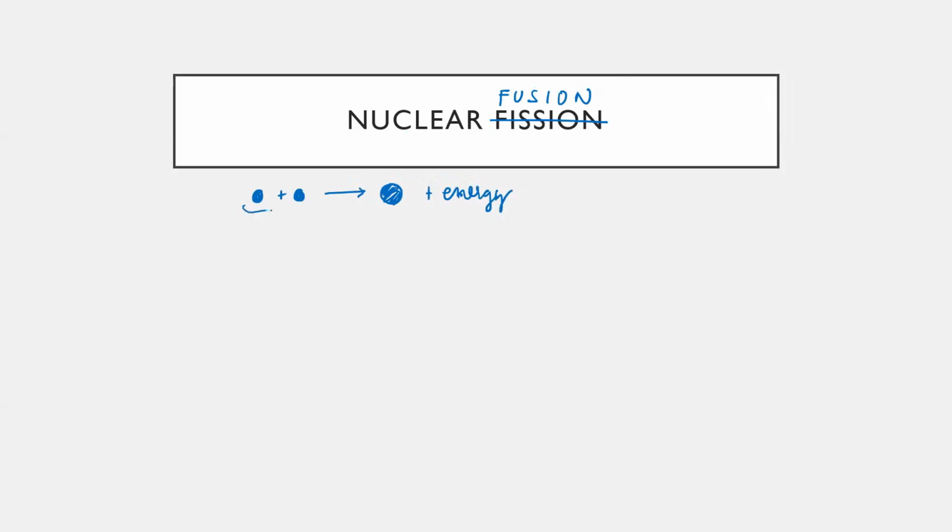Where do you get this energy from? We call this M1 and this M2. M1 is heavier than M2. So M1 minus M2 gives the difference of mass, which gives rise to energy. So that is E equals mc squared over here.